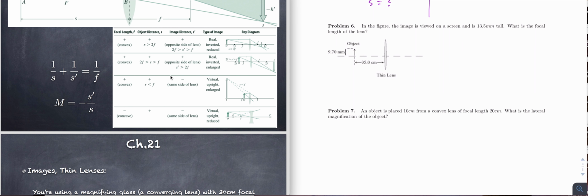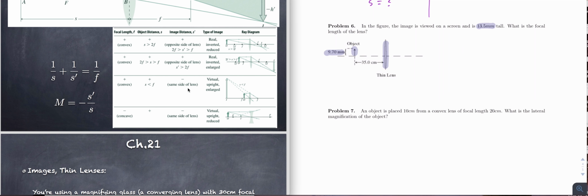And first of all, we should notice, look at the object. The object here is upright, and the object's original height is 9.7, and it's being magnified. So look at the cases here where you're magnifying an object with a convex lens. And of course this is a convex lens.